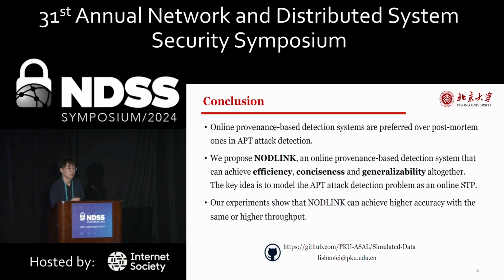How do you distinguish when you may have two adversaries, two APTs, both exploiting the same vulnerability or having the same node in the graph? Yeah, we merge the graphs that have common nodes, without additional operations. Okay, thank you.